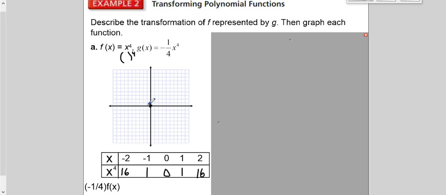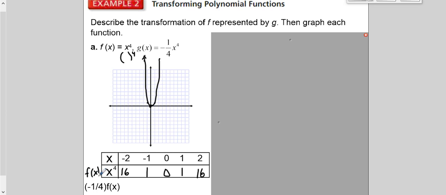Put it on the graph. Sixteen's off our graph, so we'll just draw one off the graph. Try to draw a smooth curve. Line's a little wiggly.